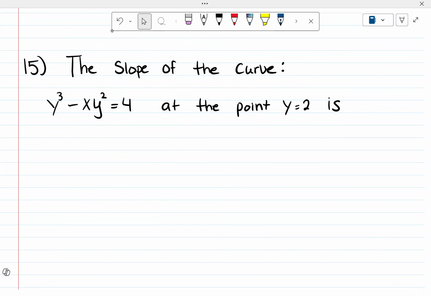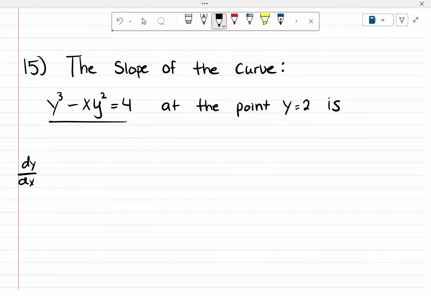So they're asking for the slope of the curve when given this at the y value 2. So they're not asking for the equation, they just want to find m, right? Or dy dx in our case. So our goal is to find dy dx.